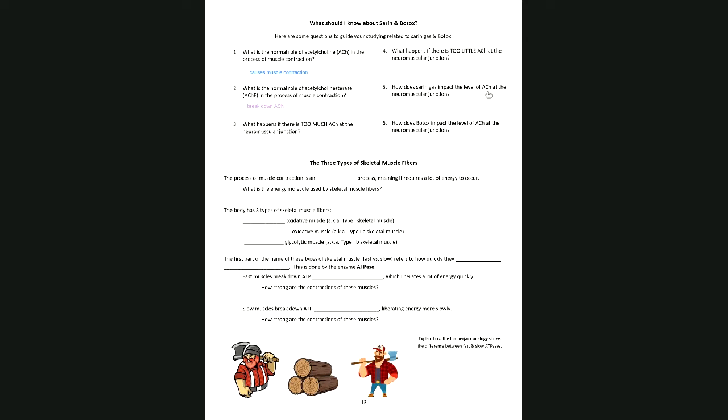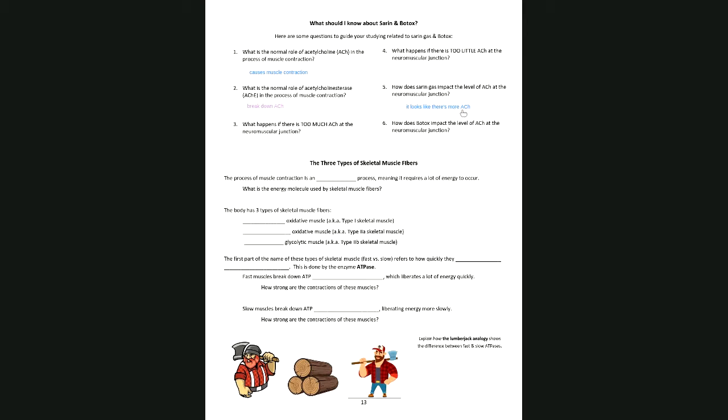It looks like I have a lot, right? So how does sarin gas impact the level? It looks like there's more acetylcholine. I put "looks like" because my neuron just releases the normal amount, but I can't chop it up. So we're going to say it looks like there's a lot of acetylcholine.